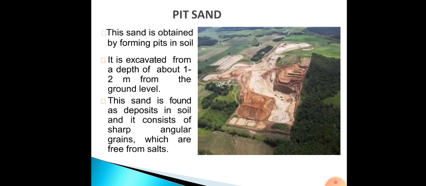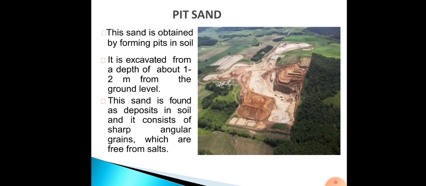So firstly, the pit sand. What do we mean by pit sand? The term itself explains, it is the sand that is obtained from the pits. In the ground itself, or in the soil itself, we will excavate about 1 to 2 meters from the ground level, and then we can see that there are deposits of sand found in some type of soil.